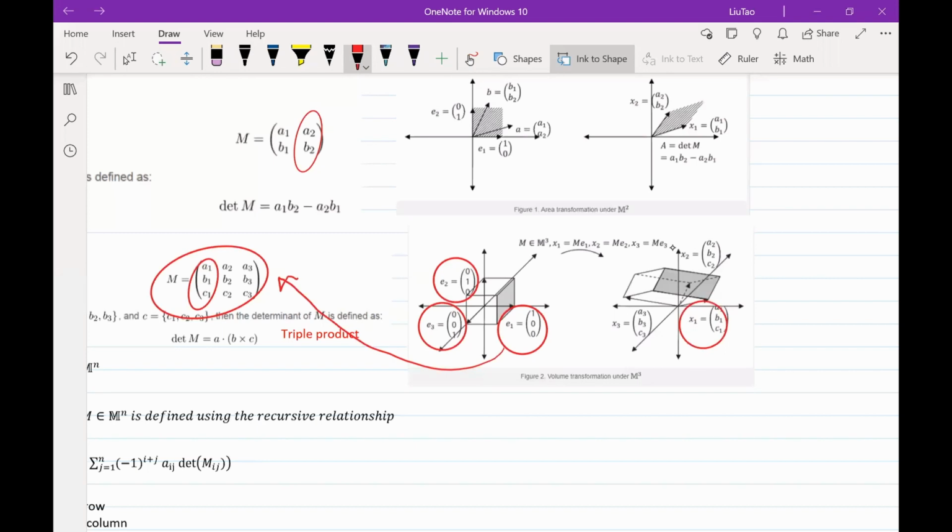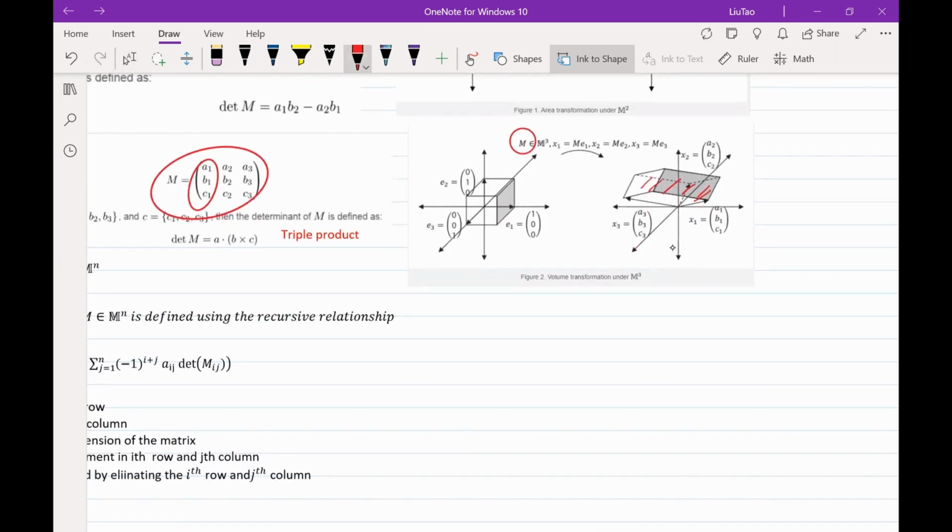And we get our second vector, X2, equal to A2, B2, C2, and X3 equal to A3, B3, C3. So this volume is equal to the determinant of this matrix.